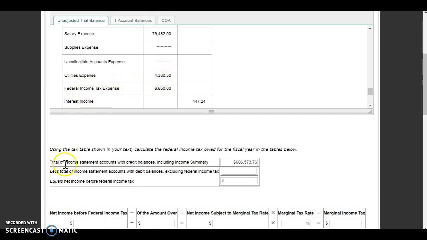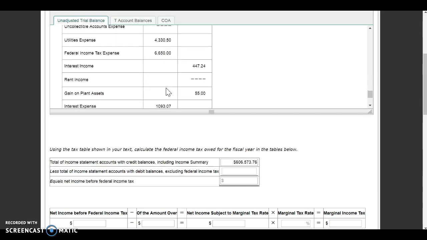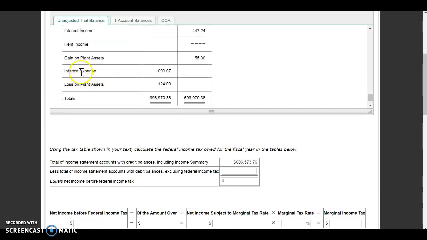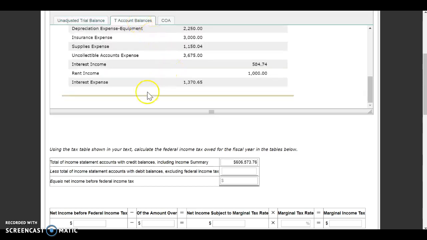Remember, don't forget this, when we look in our directions, it says exclude federal income tax. I do not add that expense number here. So I skip over that one. My interest expense, that is a number that I changed, so I need to go to my T account. My interest expense should be $1,370.65.